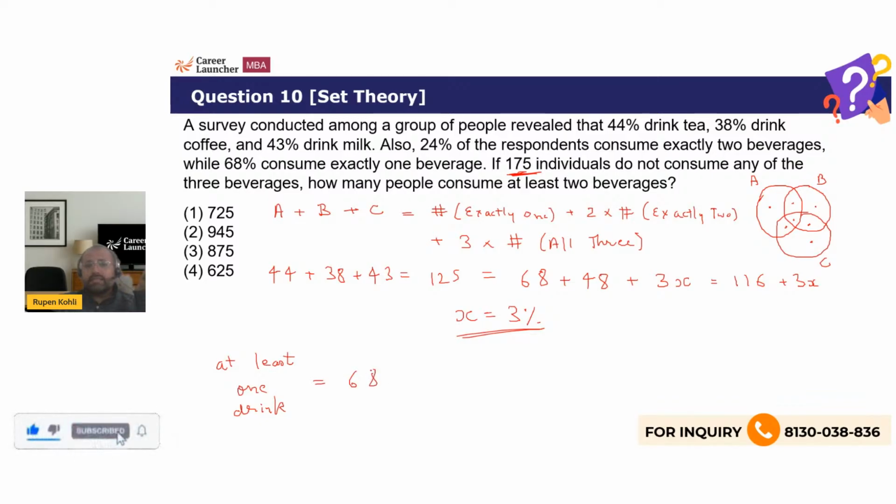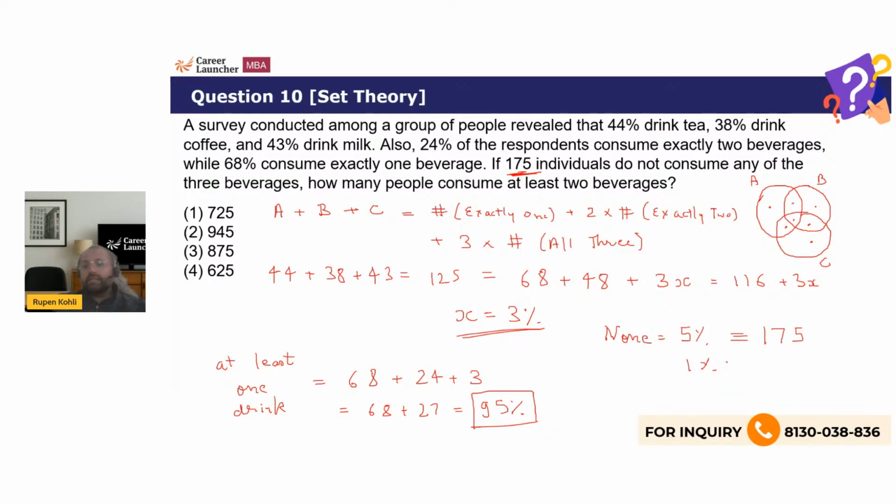Exactly 1 drink by 68% people, exactly 2 drinks by 24% people, and exactly 3, meaning all the 3 drinks, by 3% people. So this is 68 and 27, so this is 95%. So the none, the people who drink nothing, is your 5%. So therefore 5% of the whole population is equivalent to 175. So 1% is equivalent to 35 people.